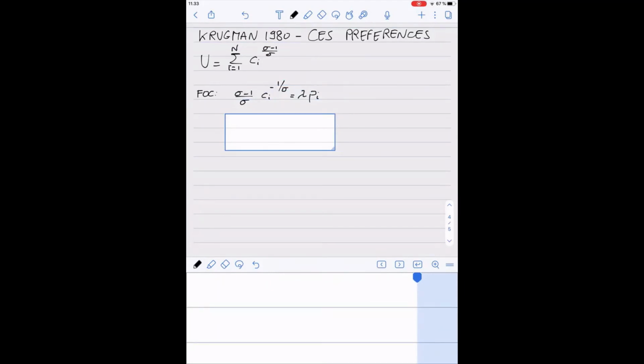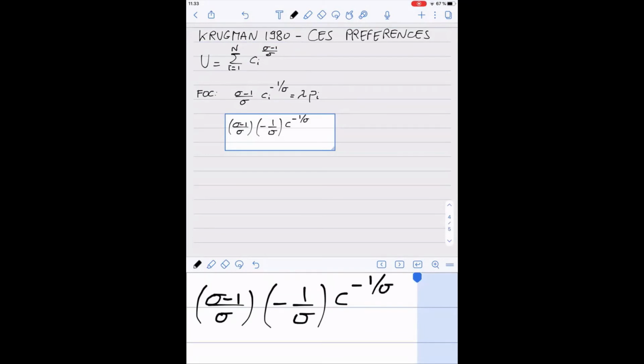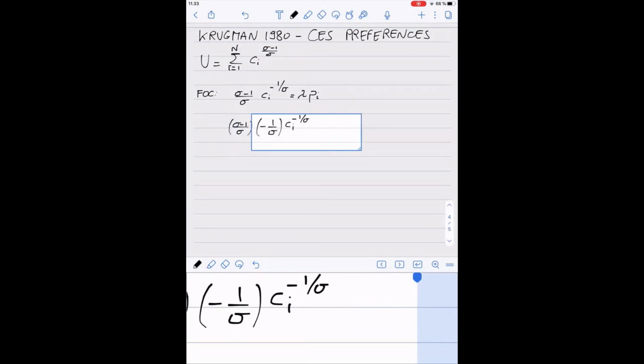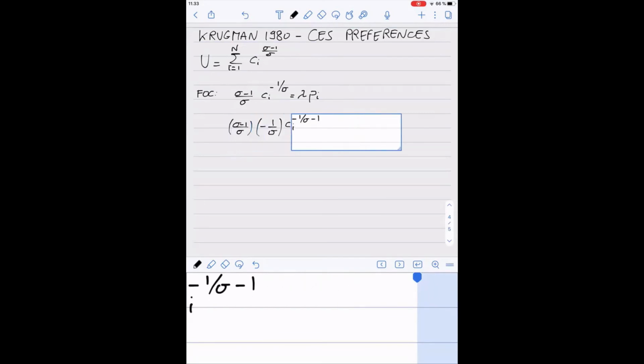Let's do it the same way we did for Krugman 79, taking the total derivative of that. We get sigma minus 1 over sigma, which multiplies minus 1 over sigma, ci to the minus 1 over sigma minus 1, dci, equals lambda dpi.